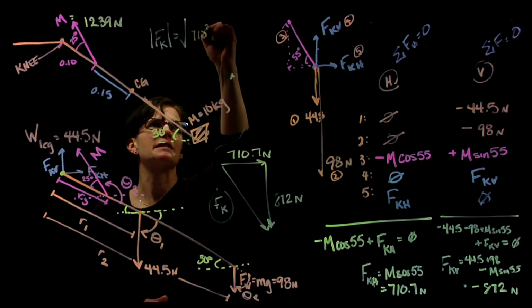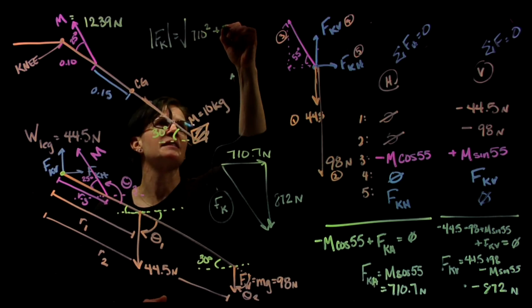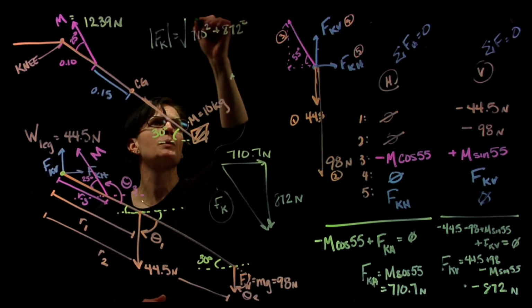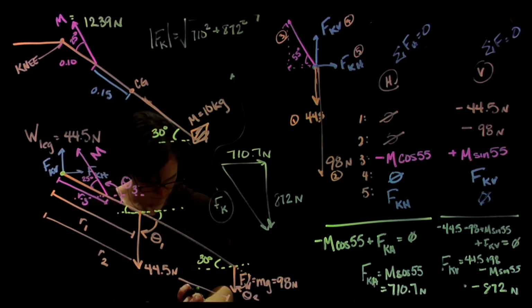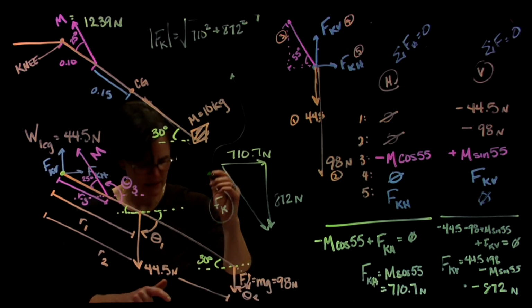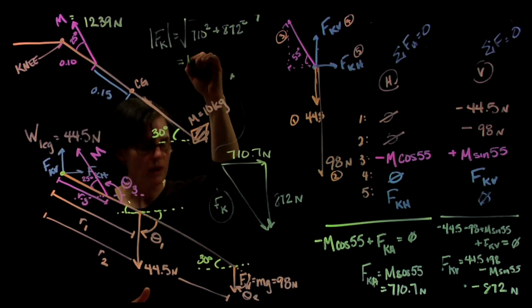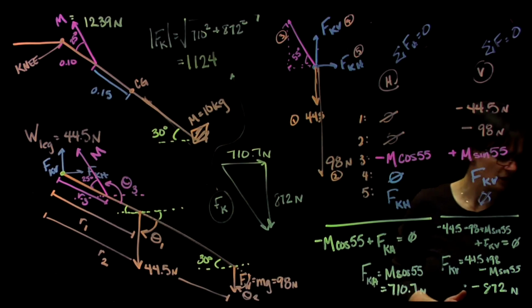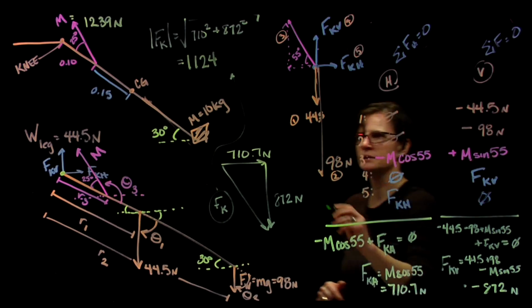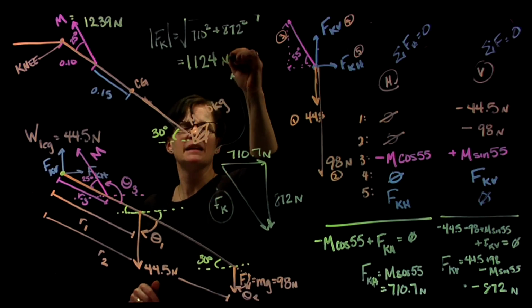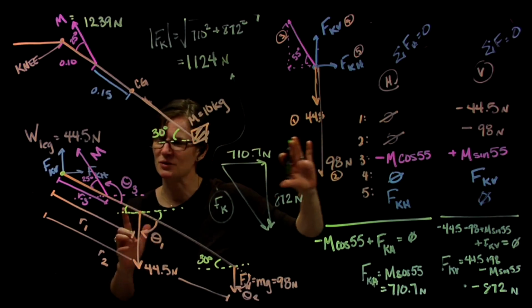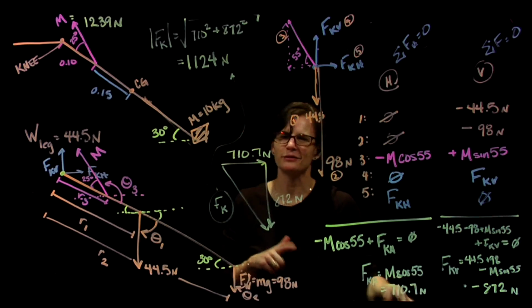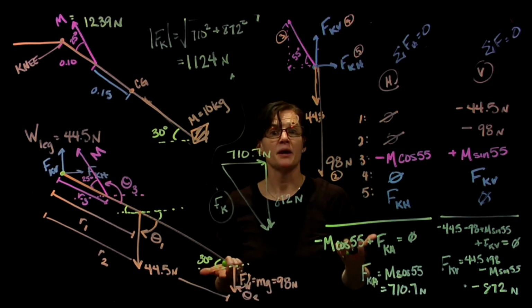So 710 squared plus 872 squared, square root of that. The force of the knee is 1,124 newtons. I'm doing a little bit of rounding in the video, so your answer key is a little bit different. It's all about rounding.